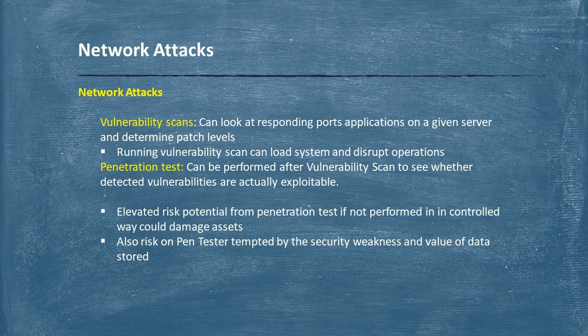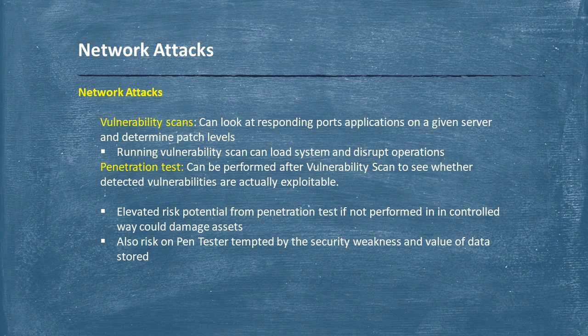And now we come to vulnerability scans. They can look at responding ports and applications on a given server and determine the patch levels. That is one of the main aims of an attacker. An attacker always wants to know the target's operating system versions and more details, so that he knows the known vulnerabilities, which are always published by the vendors, the operating system vendor or the database vendor.